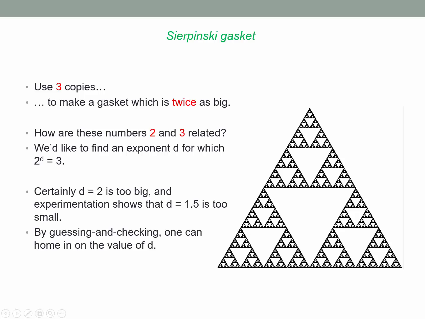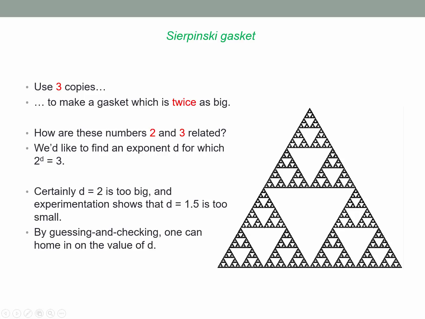Again, we ask, how are these numbers 2 and 3 related? What we'd like to do is to find an exponent, let's call it d, for which 2 to the d equals 3. Now this is a little bit harder than the previous one, because you're not going to find a simple fraction that works.